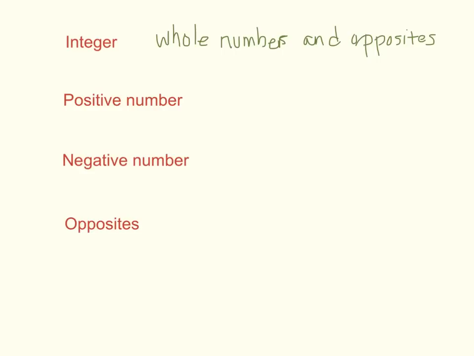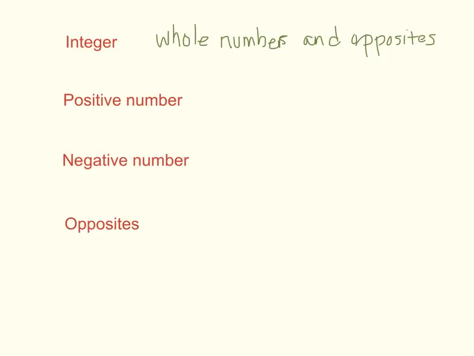And part of the definition could be, you can put them on a number line. However, just to make it simple, we just say if you have a number and its opposite, it can go on a number line.